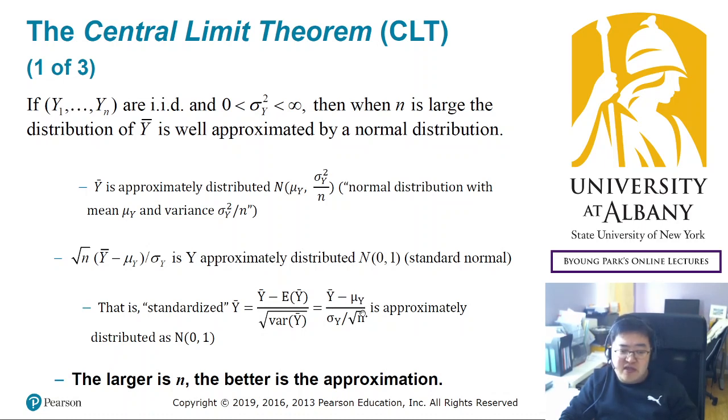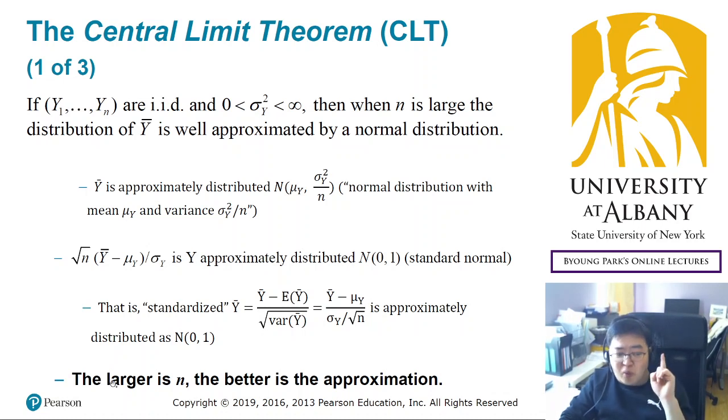And after standardization, the estimation error is a known distribution. It's a well-known, nice, well-behaved, and easy to handle distribution. So that means you know how big the error is, or how likely you are going to miss the range or so. So this is a very powerful result.